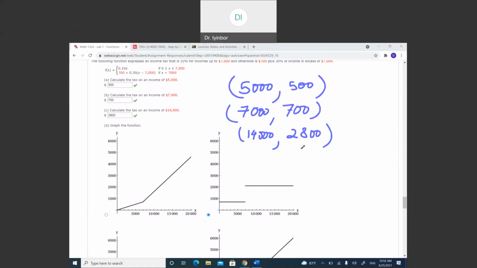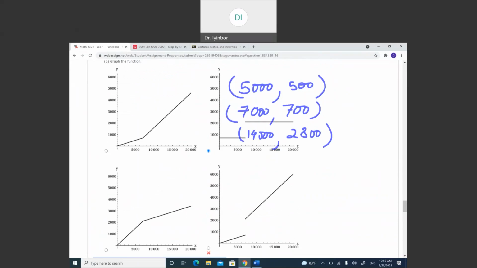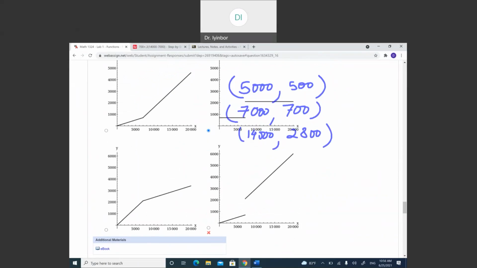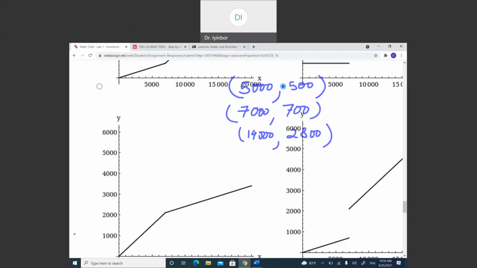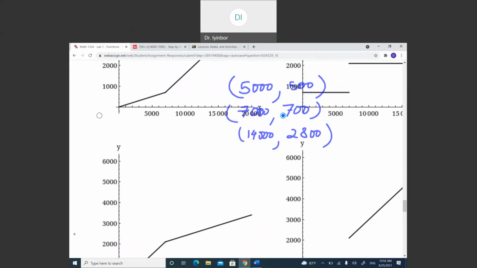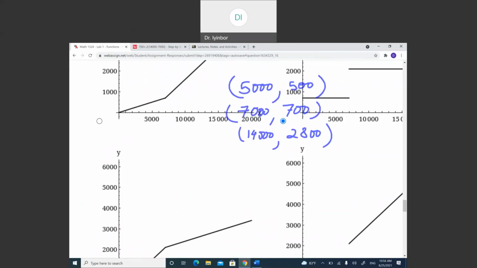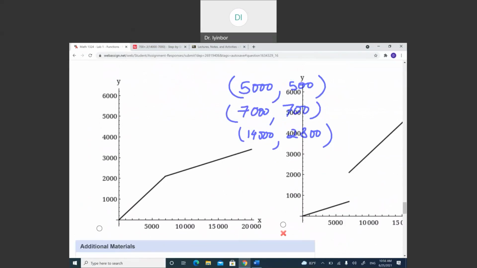Okay? And let's see. I'm gonna move the graphs. I'm gonna zoom them a little bit. See, I have 5,000. So let's look at this graph first. So when x is 5,000, which is here, what is the y in the graph?